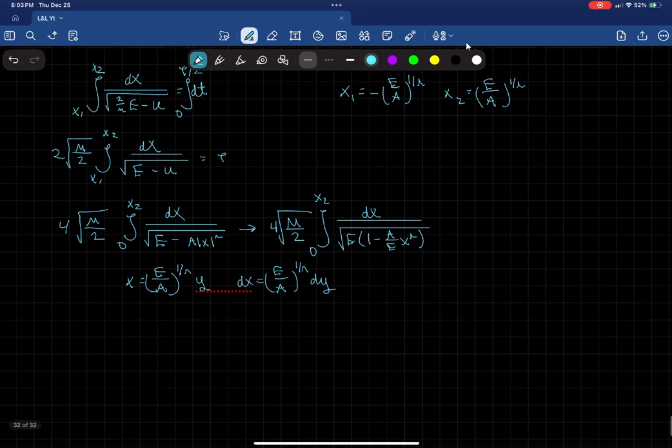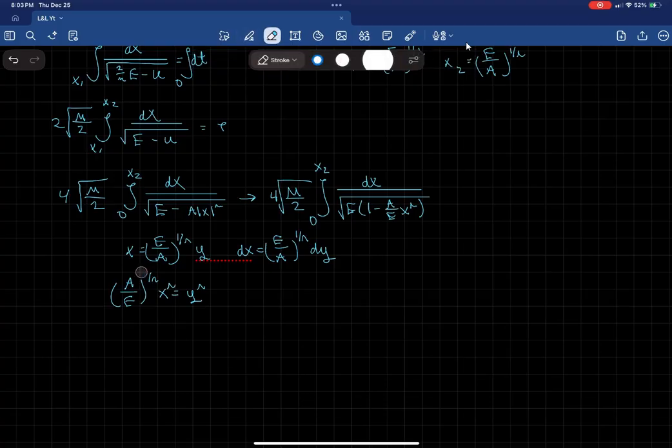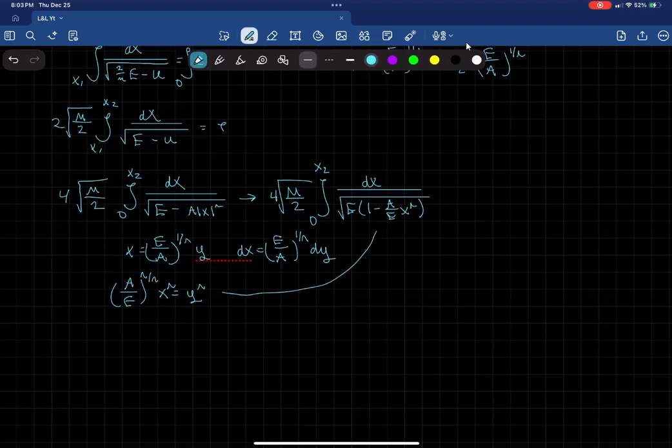And if I move this E over A to the other side with x, I get A over E to the 1 over n, x is equal to y. And exponentiating both sides to the nth power, I would get my term that is over here, which is exactly the substitution I would like to make.